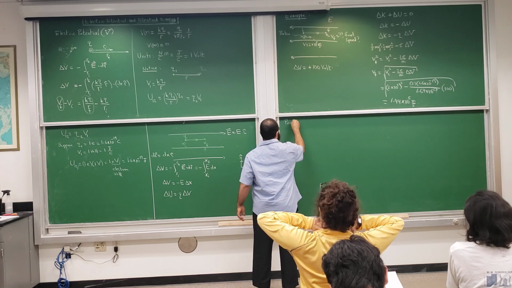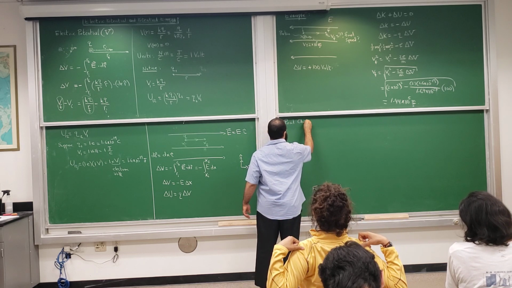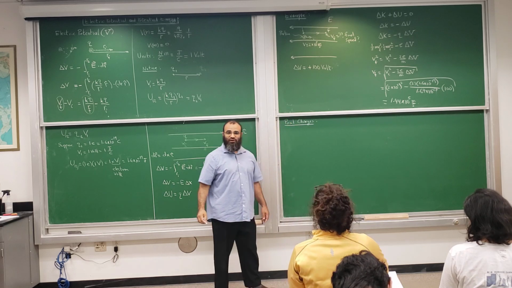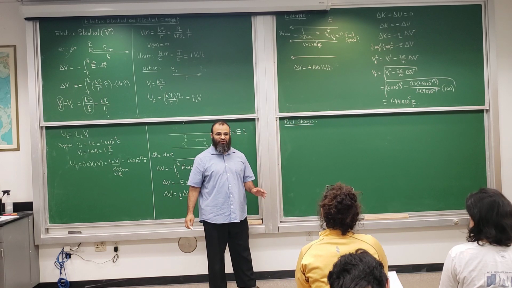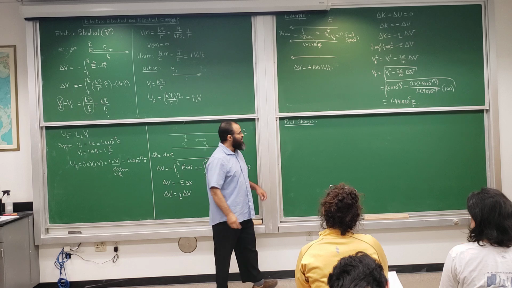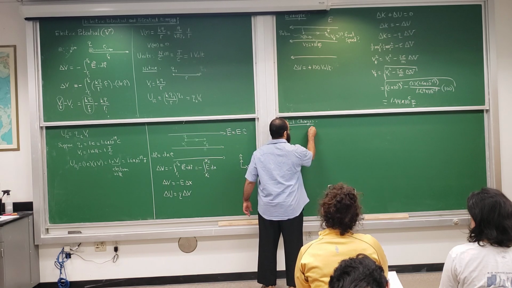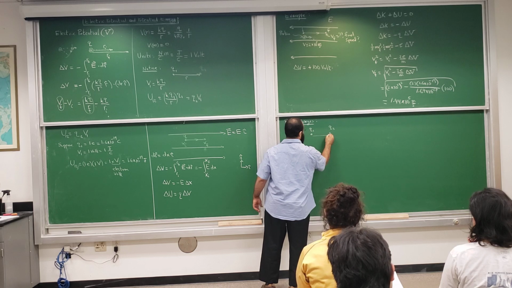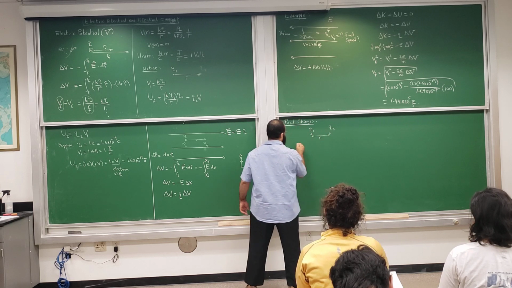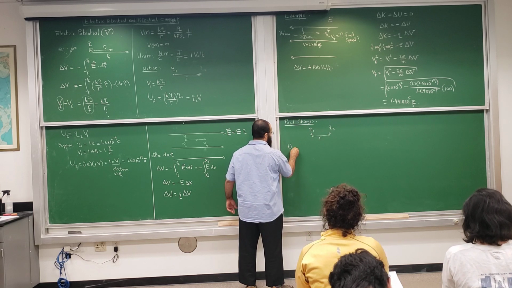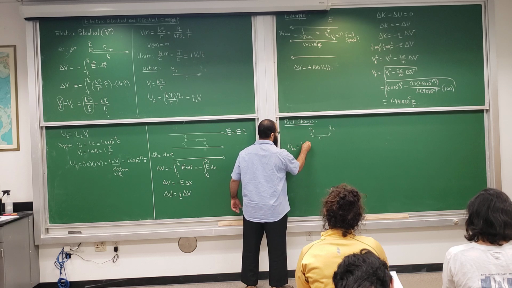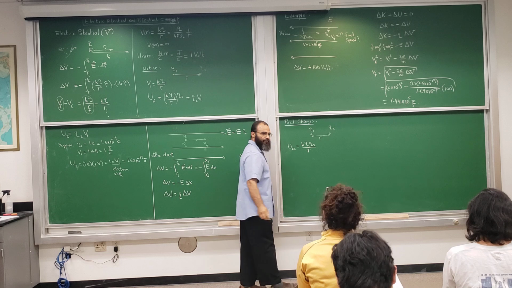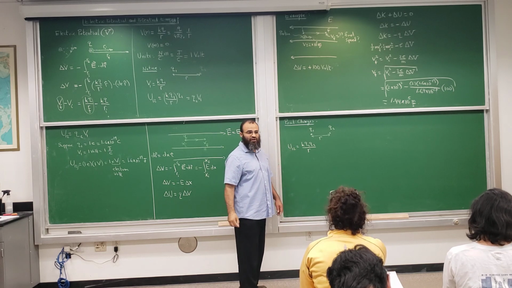I'm not going to go through the integration and stuff like that, but if we have two charges, Q1 and Q2, and they're separated by a distance R, then the potential energy between 1 and 2 is equal to K Q1 Q2 over R. K is 1 over 4 pi epsilon.